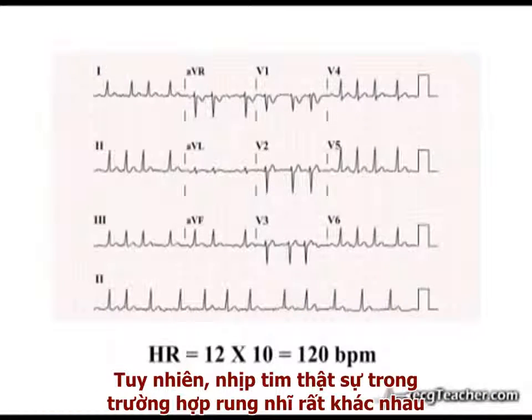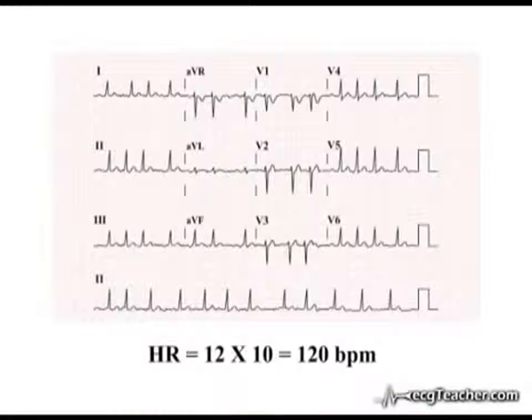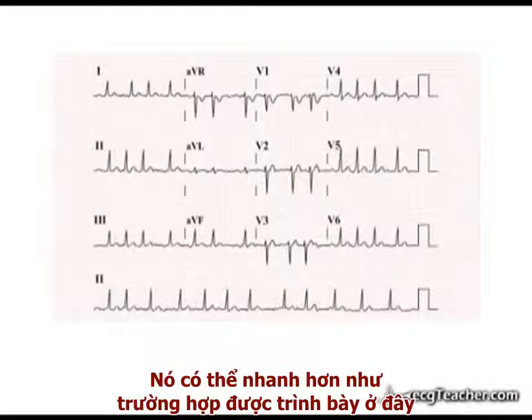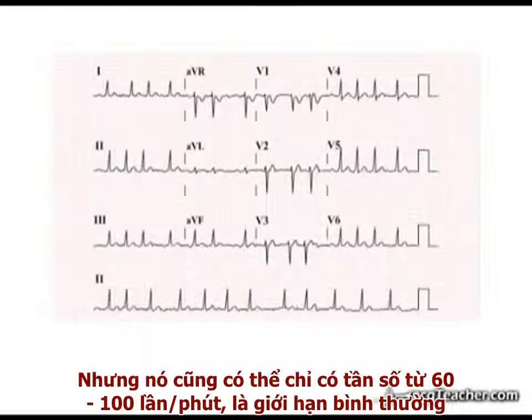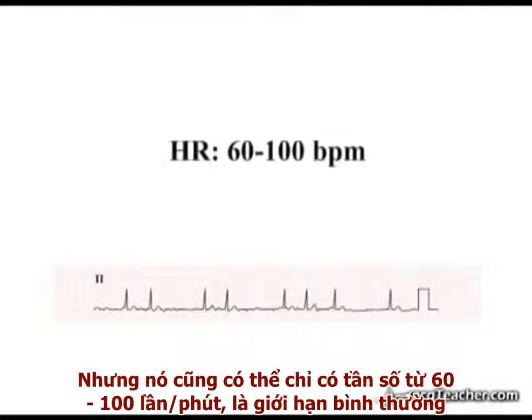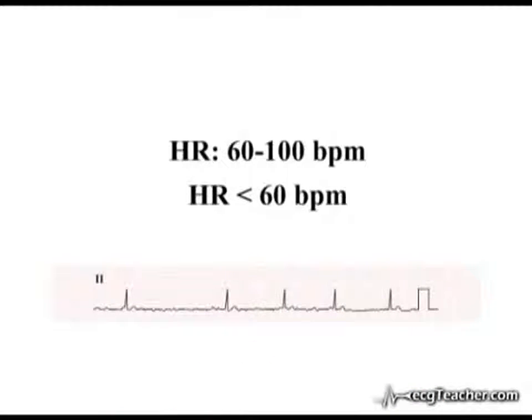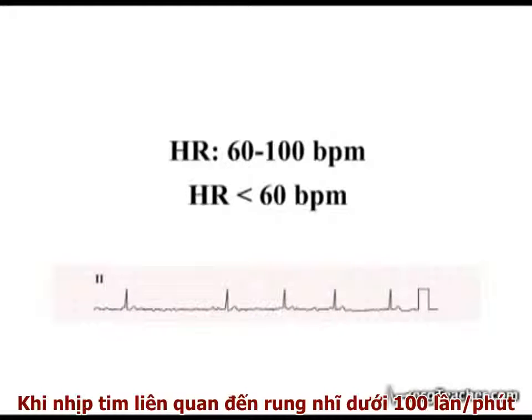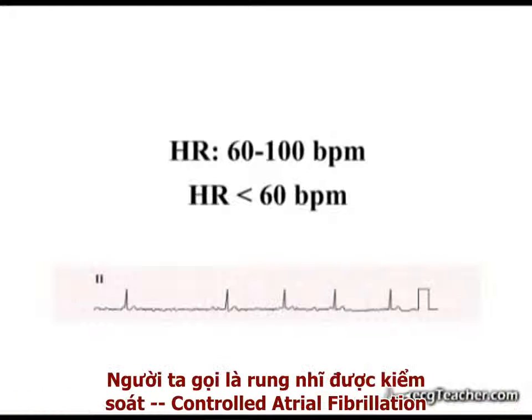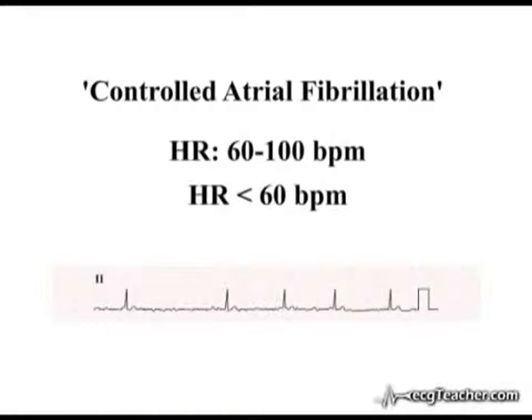However, the actual heart rate observed in cases of atrial fibrillation is highly variable. It may be much more rapid than shown here, however it may occur at a rate within the normal range, or even be slow enough to qualify as a bradycardia. When the heart rate associated with atrial fibrillation is less than 100 beats per minute, it is described as controlled atrial fibrillation.